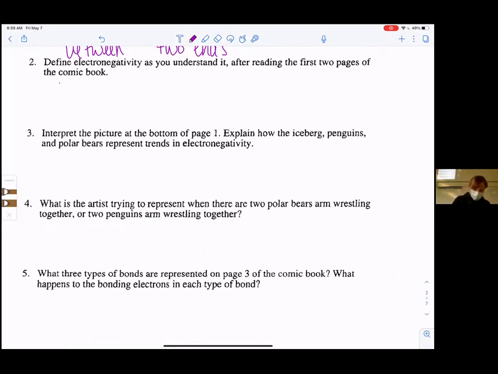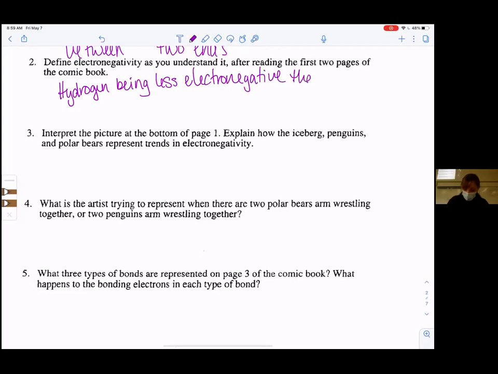Yeah, so we talked about hydrogen being less electronegative than chlorine. And why is that? What is chlorine better at doing than hydrogen?